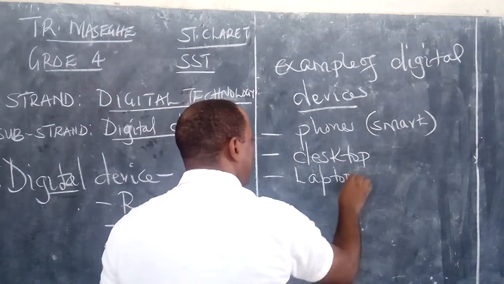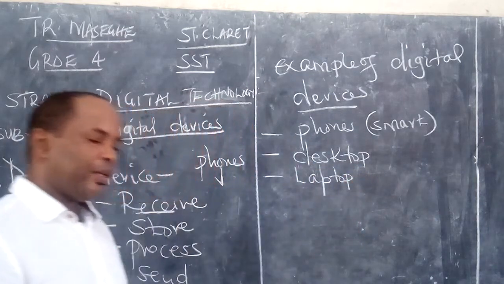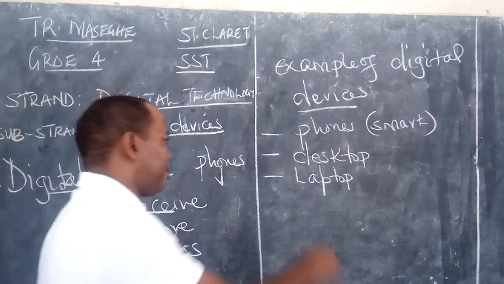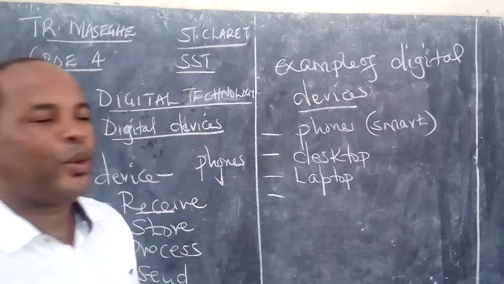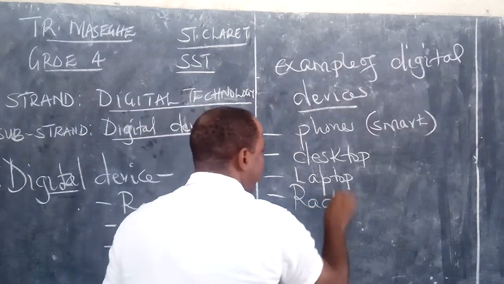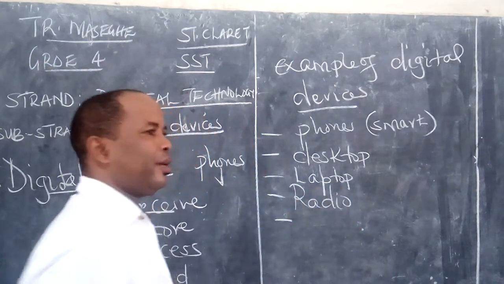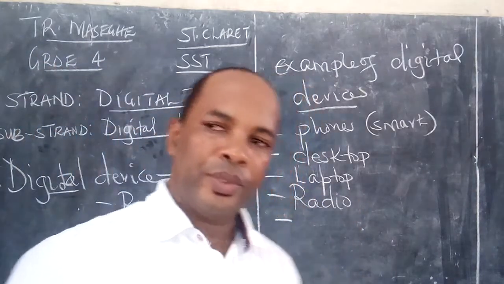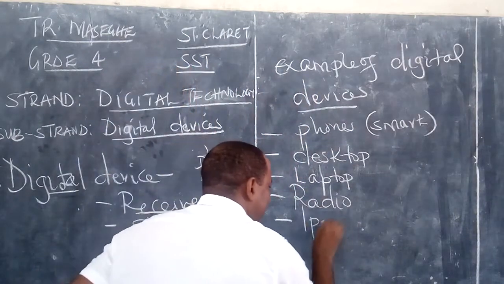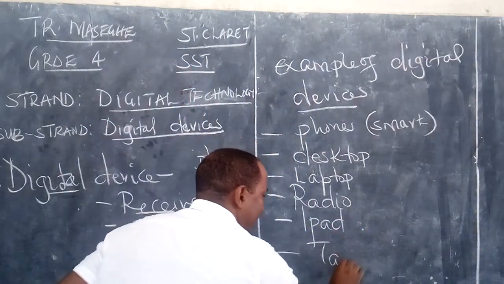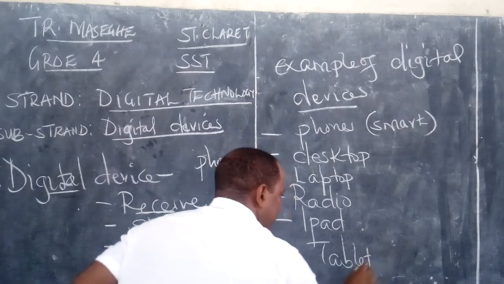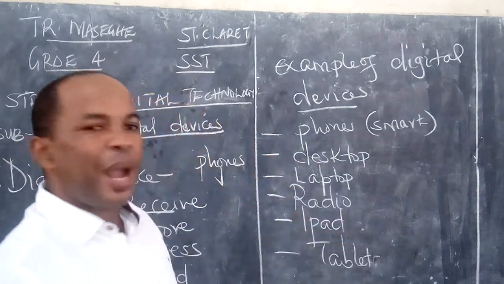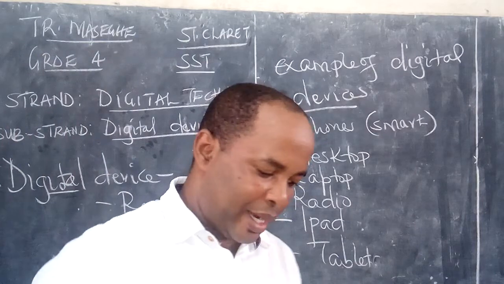It's called laptop. Any other? We have radios. Oh, radio. Any other? Yeah, the ones you're calling iPad, and also tablets. So these are some of the digital devices that maybe we have.